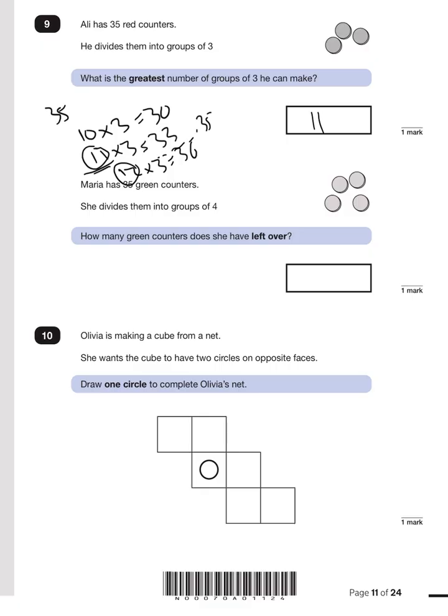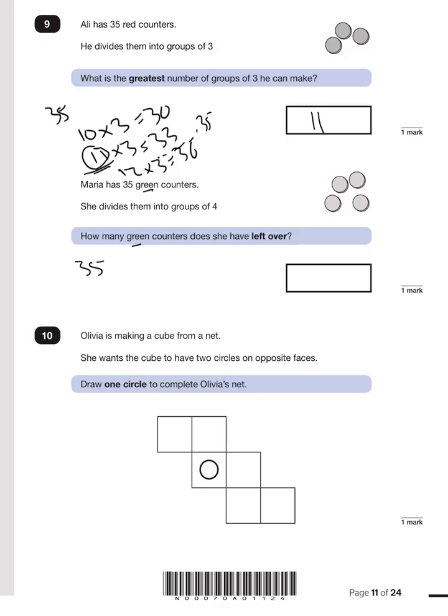Maria has 35 green counters. She divides them into groups of 4. How many green counters does she have left over? So we're only looking at green. So she's got 35.